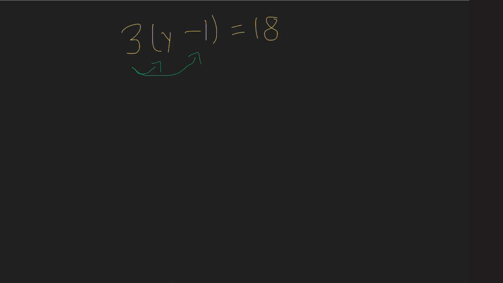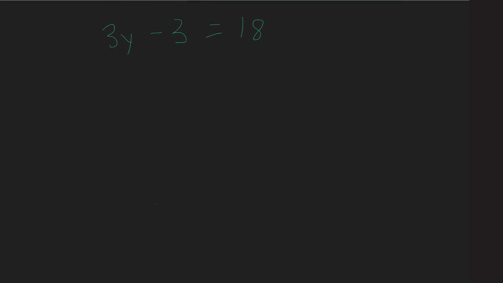You can view this as negative 1 or 1, but just make sure to keep the minus sign. 3 times y equals 3y. Then 3 times negative 1 is negative 3. So 3y minus 3 equals 18. This is the distributed version of our equation.